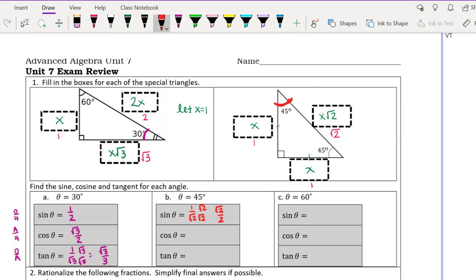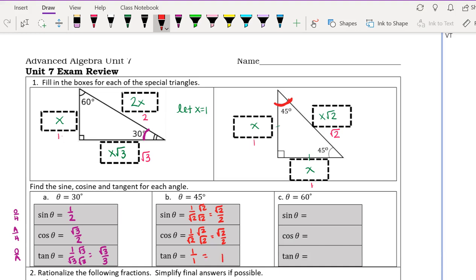Well, that is 1 over the square root of 2. It's the same thing. So we're going to rationalize it and get the square root of 2 over 2. And then tangent is opposite over adjacent. So opposite is 1, adjacent is 1. 1 over 1 is just 1.